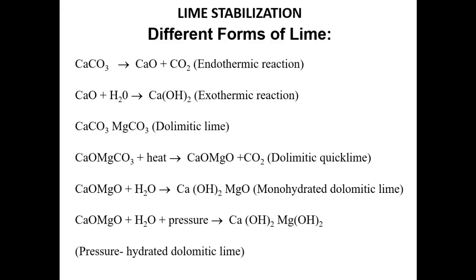The reaction between dolomitic quicklime and water under normal atmospheric pressure conditions facilitates the hydration of the calcium oxide fraction in the compound, and the resulting compound is called monohydrated dolomitic lime.